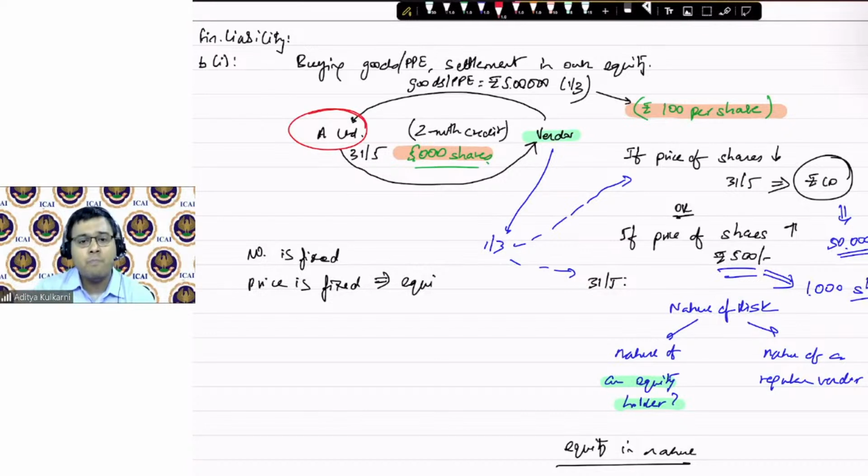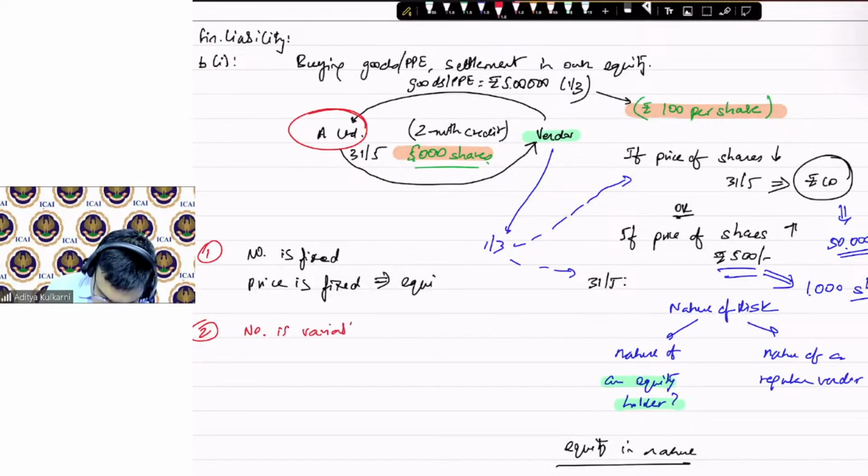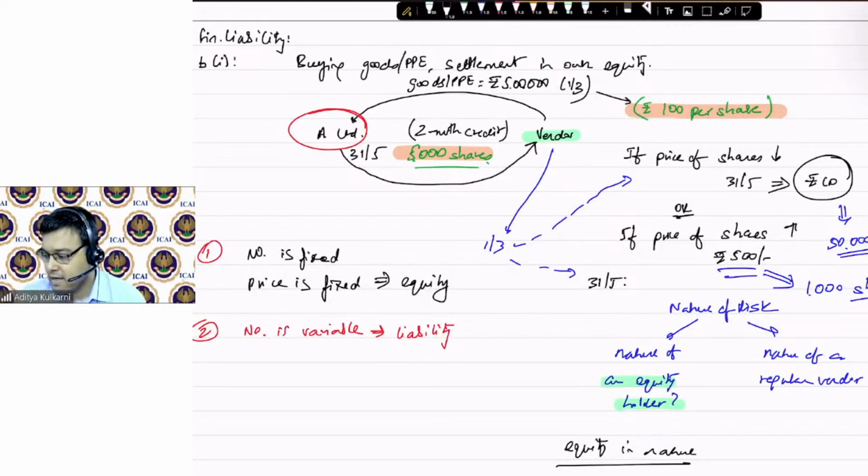So therefore, though the instruments being issued are equity in nature, in reality, they are settling a liability. And therefore, in the second case, when the number is variable, this ends up being a liability.